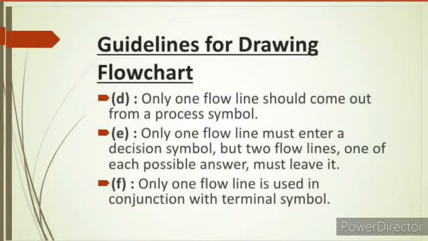D is only one flow line should come out from a process symbol. E is only one flow line must enter a decision symbol, but two flow lines, one of each possible answer, must leave it.